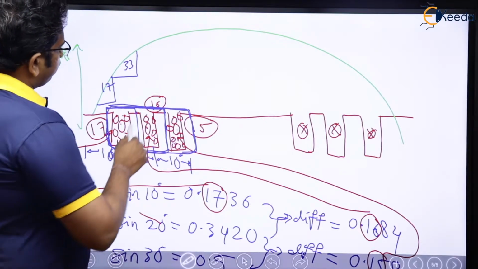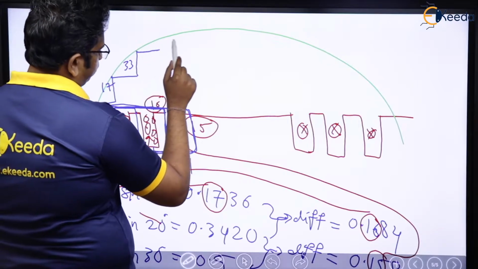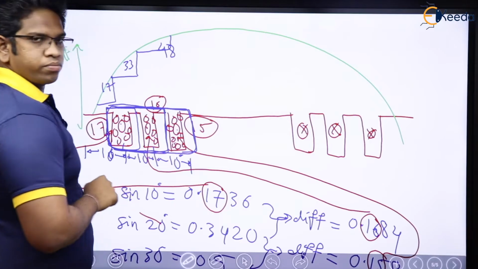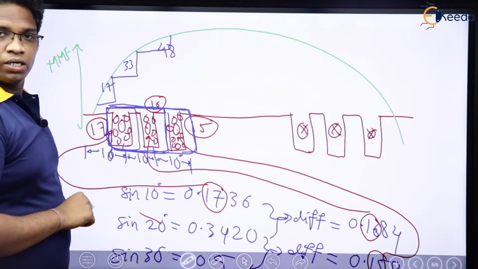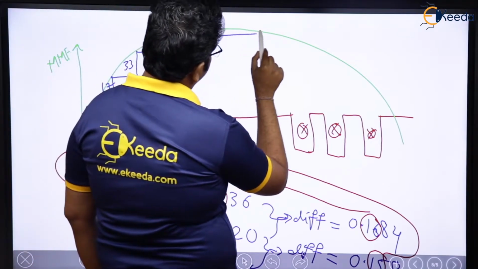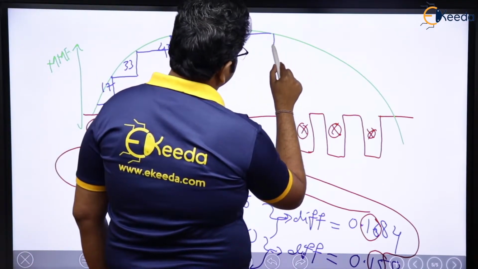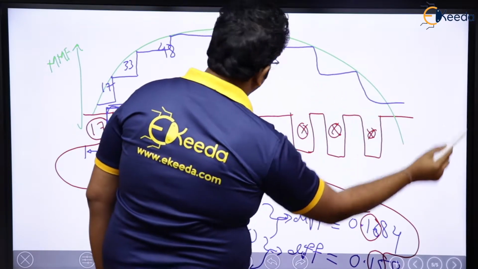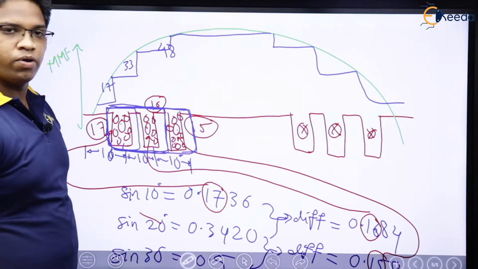Right? So here there is going to be 48. This is going to be 48 only. Then again it goes this way somewhere, and then here. I hope you are understanding it.